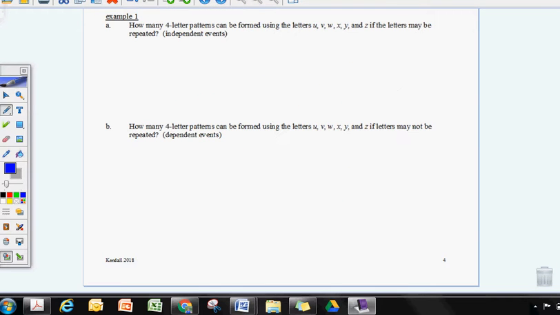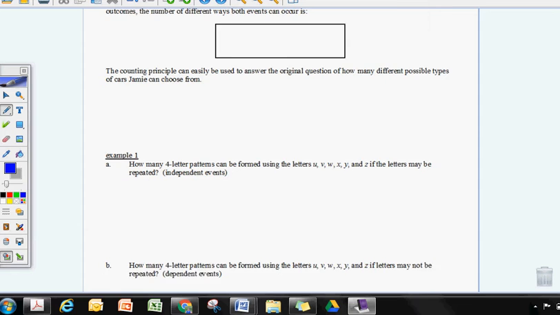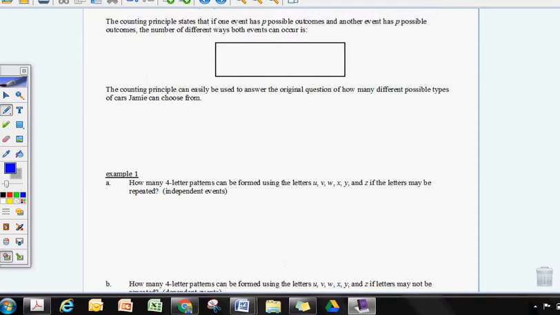Okay, so on to actually having some kind of a theorem that goes along with this, or a principle that goes along with it. The counting principle states that if one event has P possibilities and another event has Q possibilities, the number of ways both would occur, N, would equal P times Q. Now, just so I get some notation out there, N means your number of outcomes.